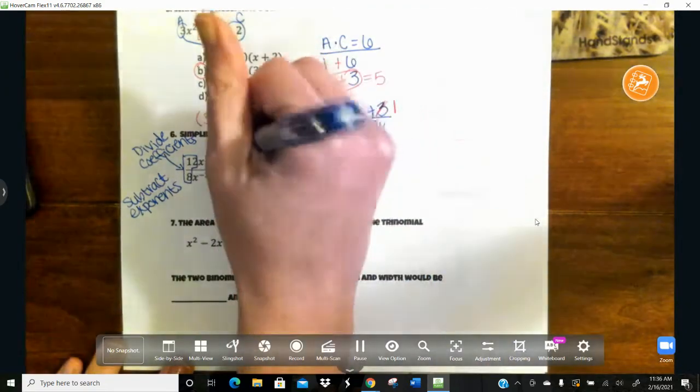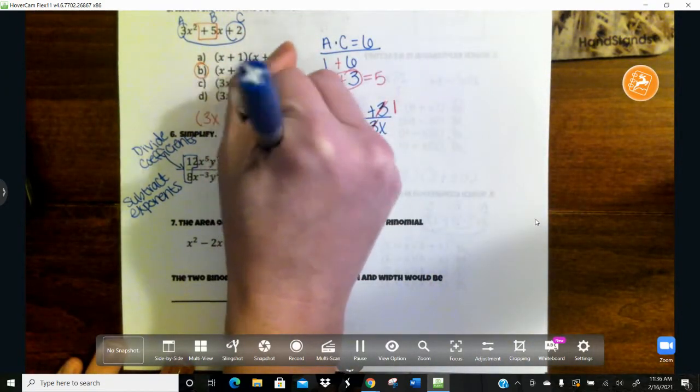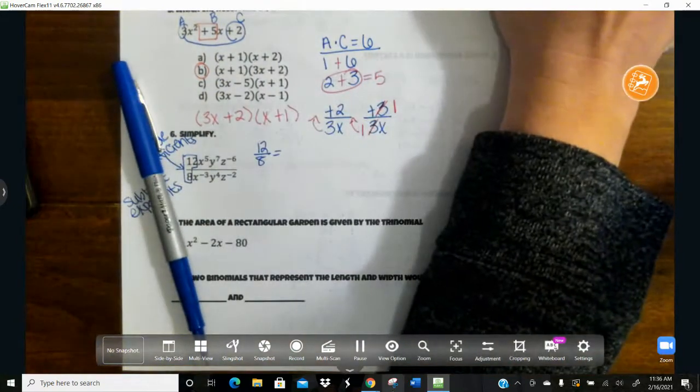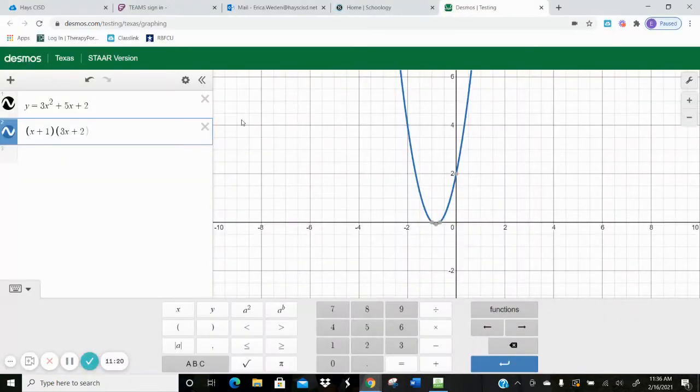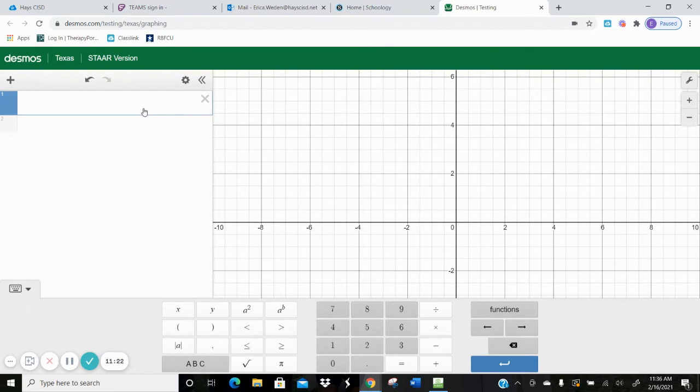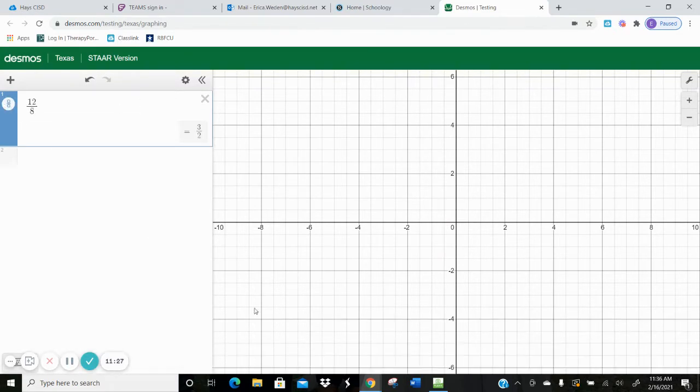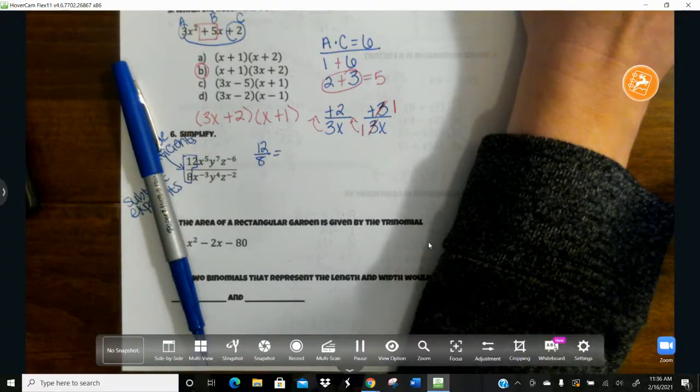Okay, so we're going to divide 12 divided by 8. So I'm going to go ahead and pull that up in Desmos. So we have 12 divided by 8. I don't want the decimal, I want the fraction, so 3 over 2.